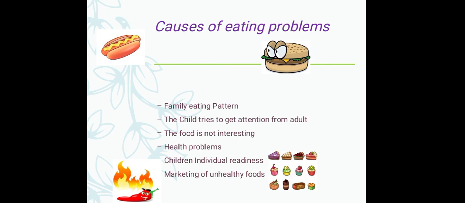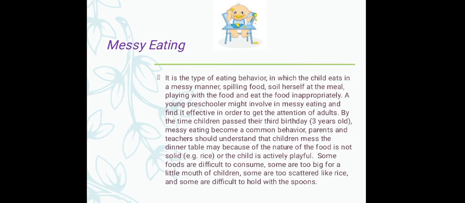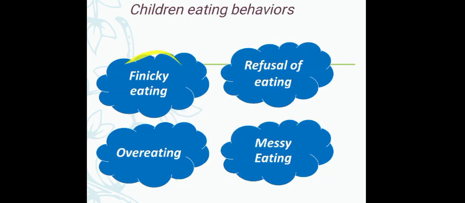And then show a proper way in eating habits, etiquette. So by understanding these causes, it will reduce the eating problem. The eating problems, such as, here we discuss four: finicky eating, refusal of eating, messy eating, and overeating. So I think that's all for today. Thank you very much. Assalamualaikum.